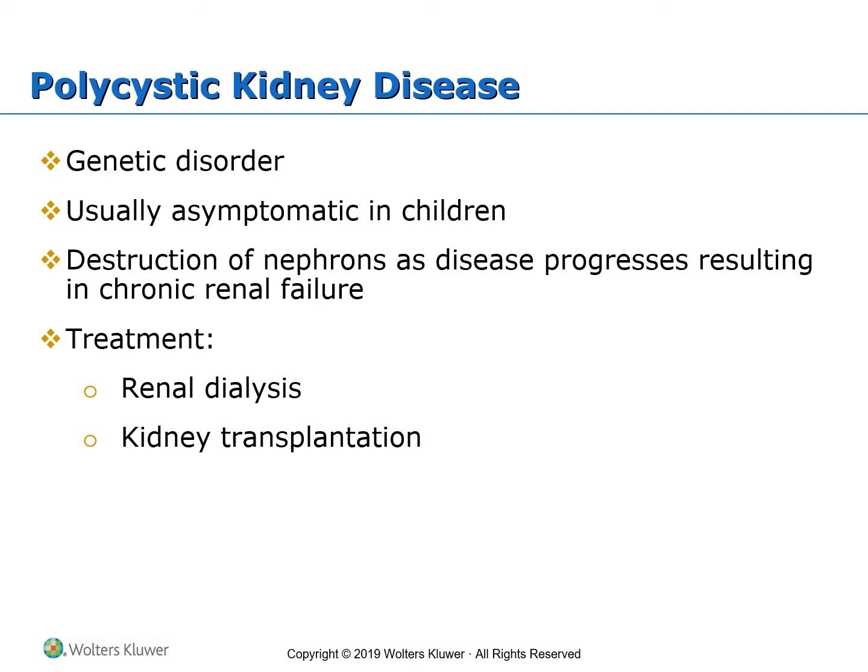Usually, this condition runs in families, and there is no treatment except that, knowing that they will have chronic renal failure as an end result, the patients will need dialysis, and in some cases we can try to perform a kidney transplantation to prevent them from being on dialysis. And the good thing is that on the transplanted kidney, the disease does not recur.